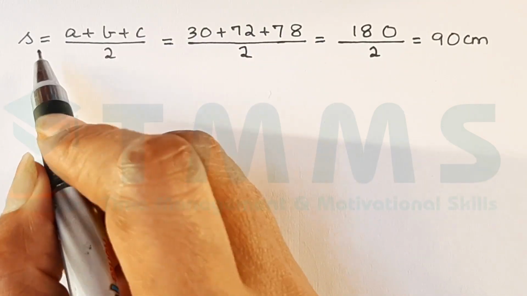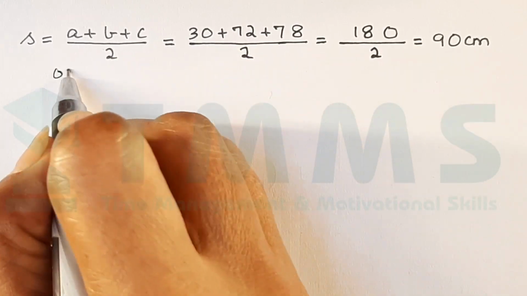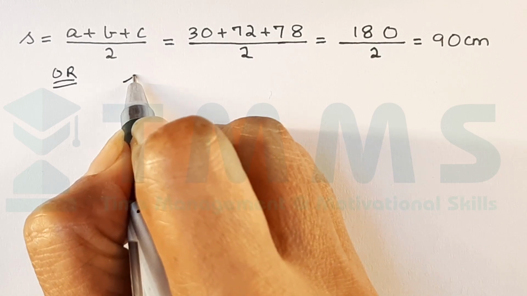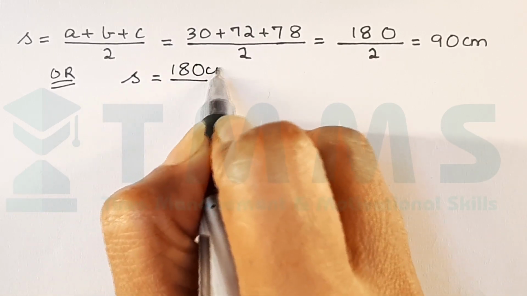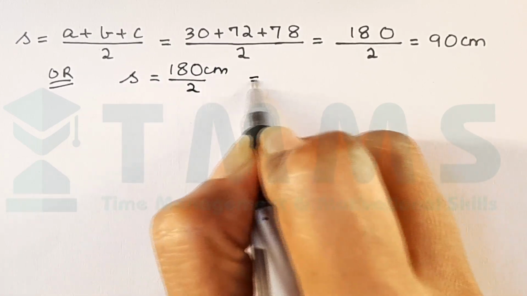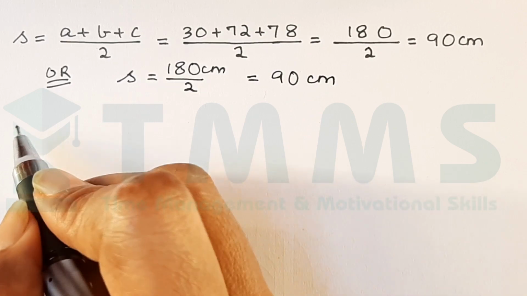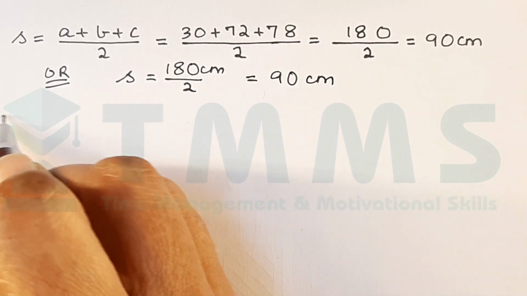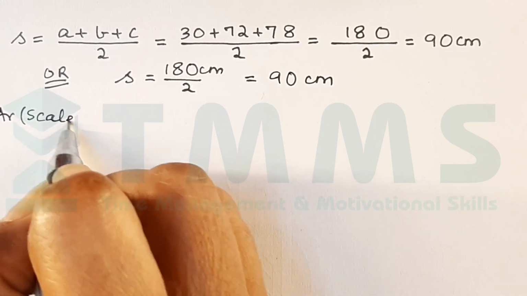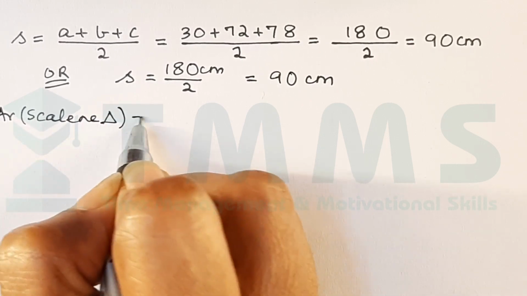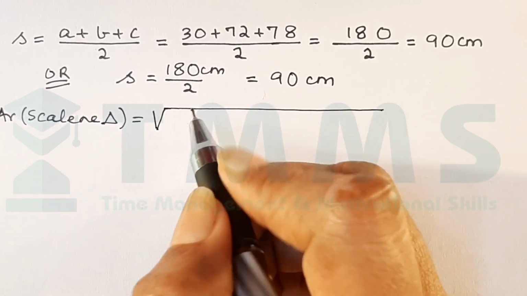So we find the semi-perimeter. Either we use this formula like so, or remember in our question, the perimeter was given as 180 anyway. So that divided by 2 gives us 90 centimeter. Now we write the formula once again and we substitute. So we will have area of scalene triangle, and we will write the formula once again.